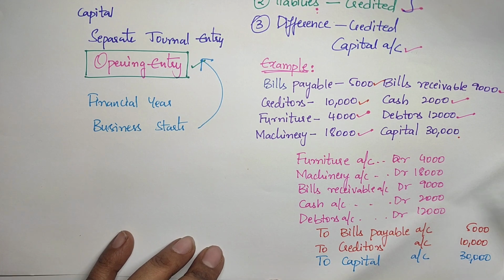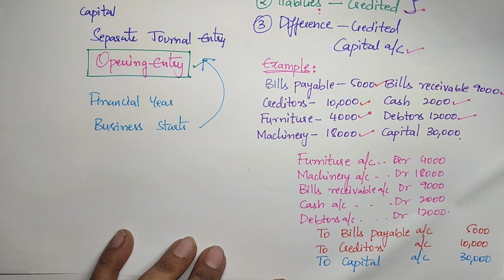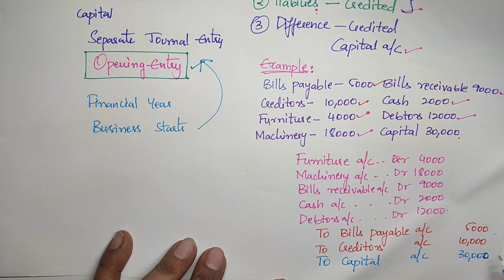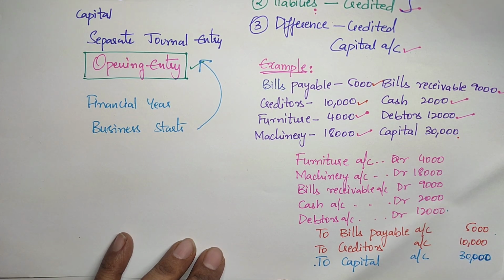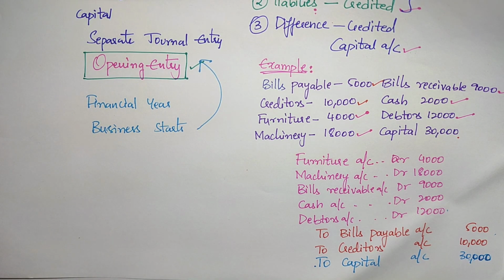Okay, so if you add all these things and if you deduct this 15,000, you will also get 30,000. Even if they don't give this capital, you need to post to capital account the difference between these two amounts. Okay, as well you need to write the narration.